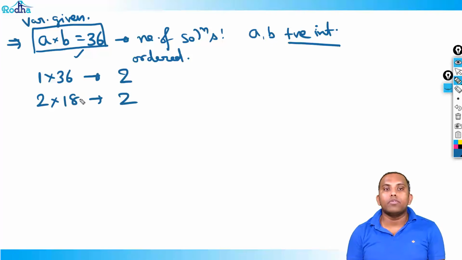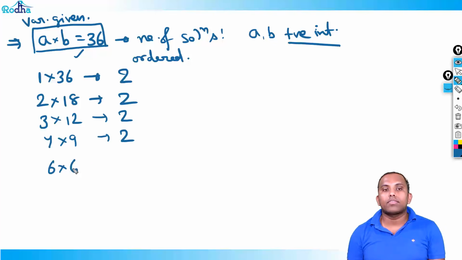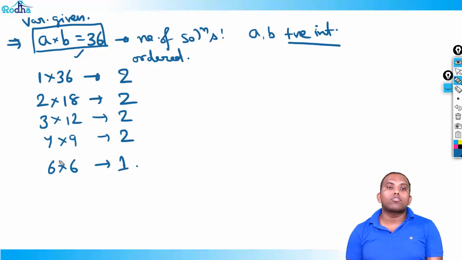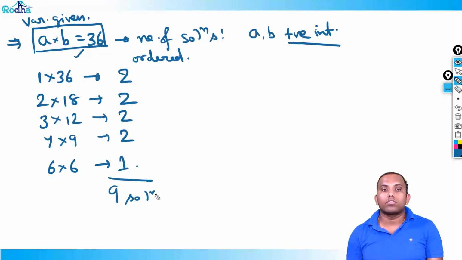One is 2 comma 18, one is 18 comma 2. Then 3 into 12, then 4 into 9. Each case will be counted as two cases. But 6 into 6 will only be counted as one case, because in ordered also 6 comma 6 and reverse 6 comma 6 are the same. That's why total 9 solutions, right?